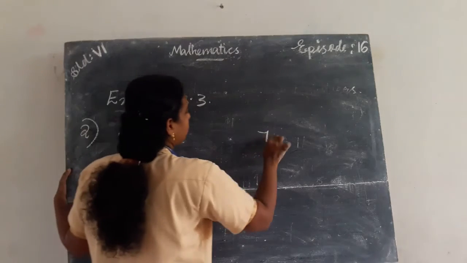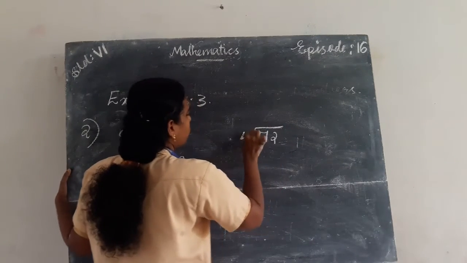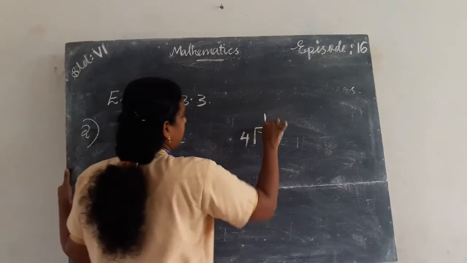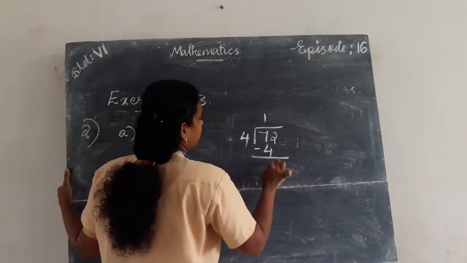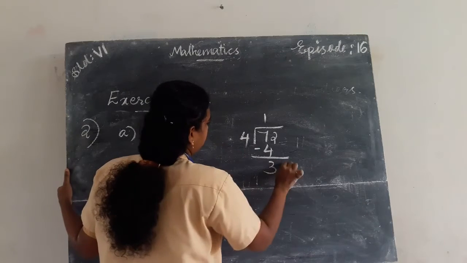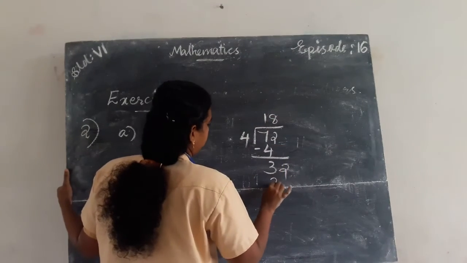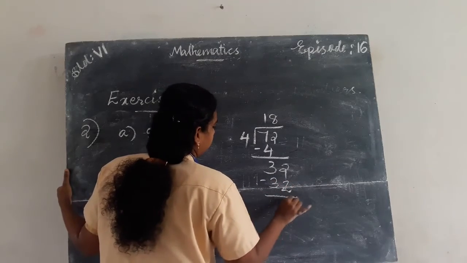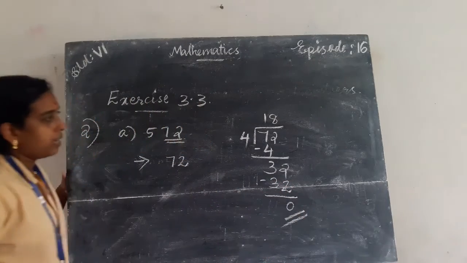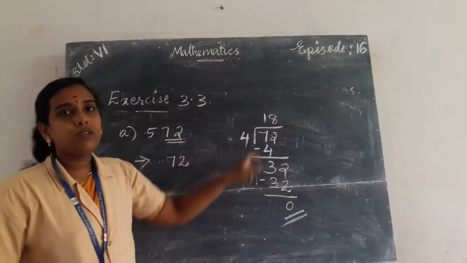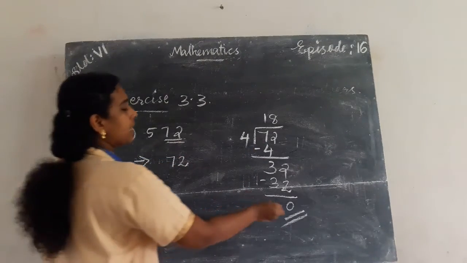So 72 divided by 4, we get 18. 18 into 4 is equal to 72. So we get the remainder 0.